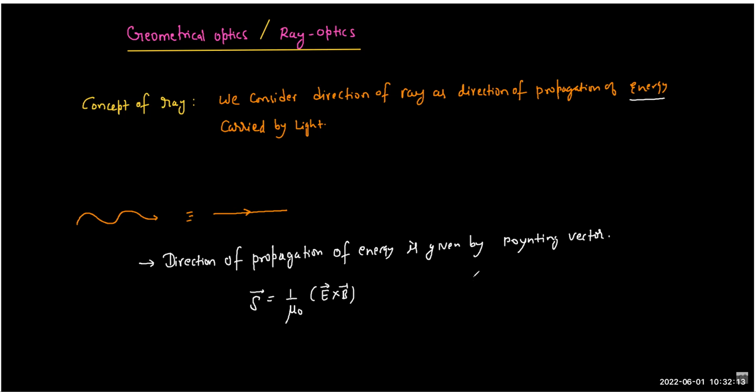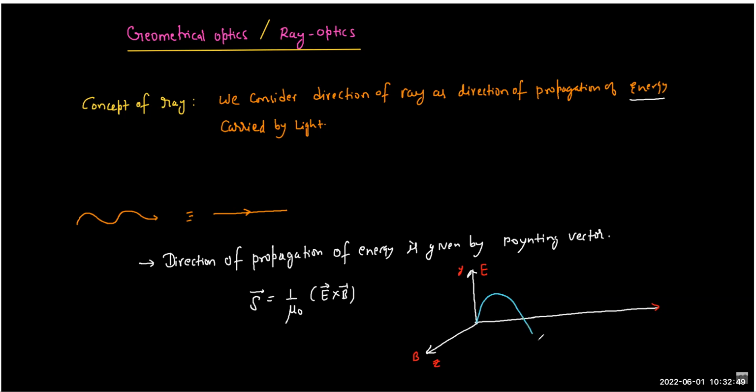And why is this formula important for you? Let's say we have an electromagnetic wave in which the direction of oscillation of electric field is along the y-axis, and the direction of oscillation of B is along the z-axis. Then in which direction will the energy propagate? X-axis. Very well.